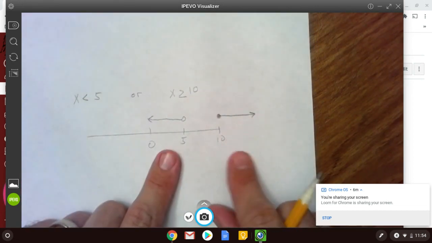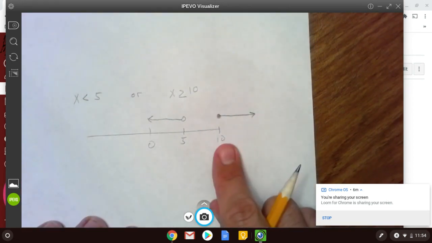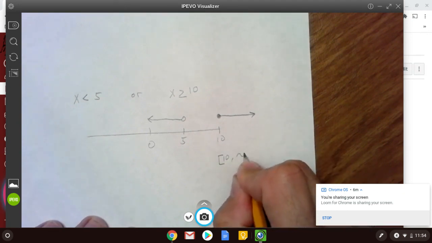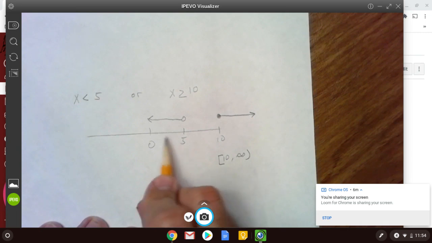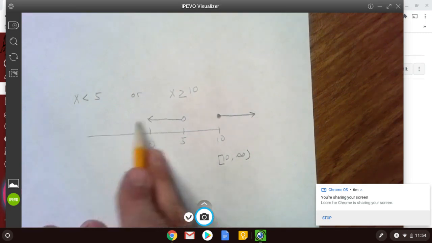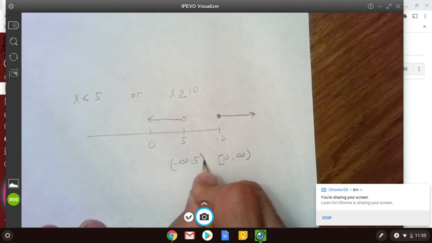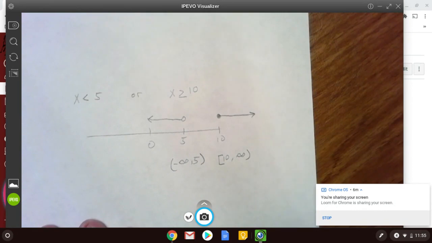So this is 2 sets of numbers again. So for this half, it's going to be 10 to infinity. And for this half, it's going to be negative infinity up to 5, but we're not going to include 5, so we'll use the parentheses. All right, and then we're going to union those 2 sets together.